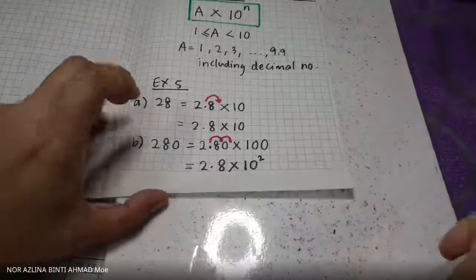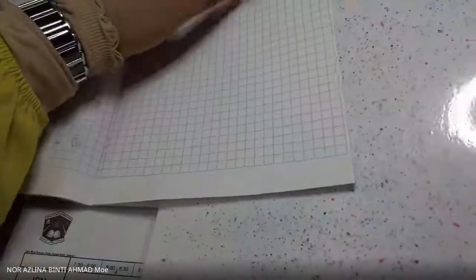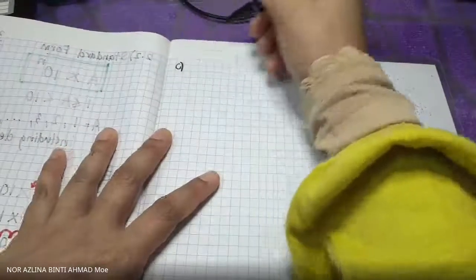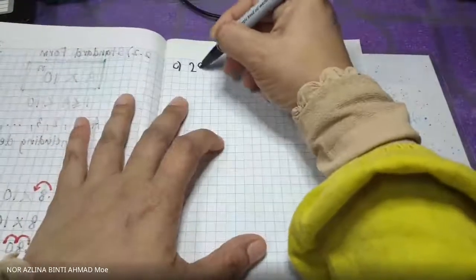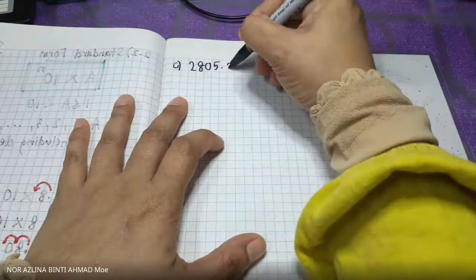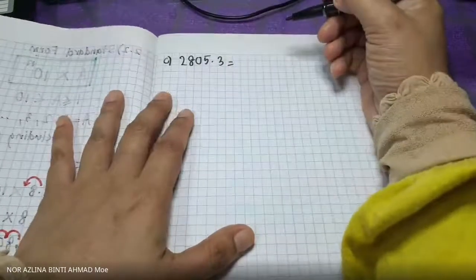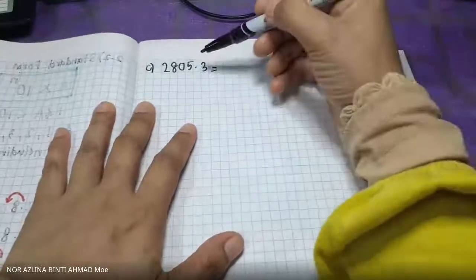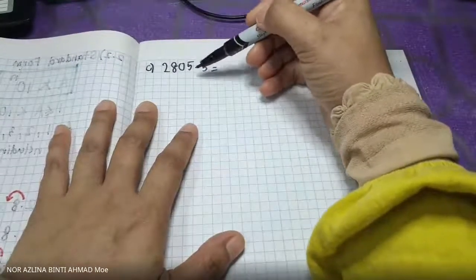Okay, next. C. 2805.3. Okay, we need to change to standard form. Place value is 1000.